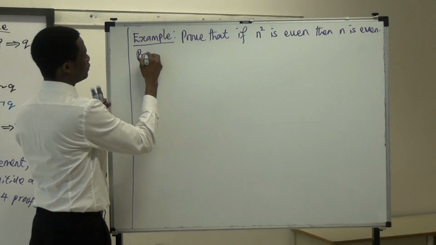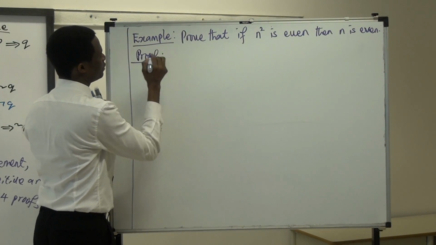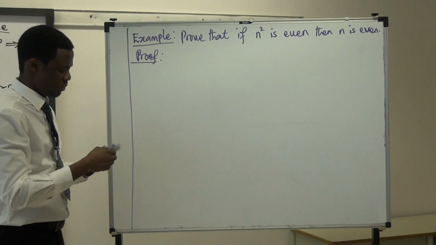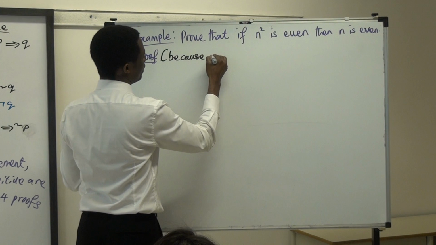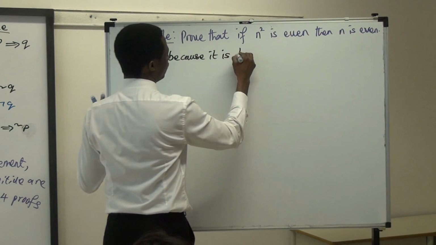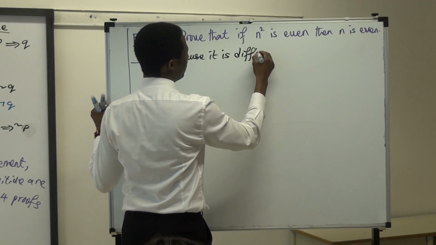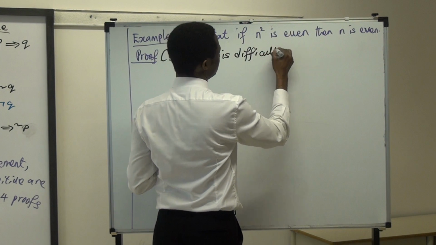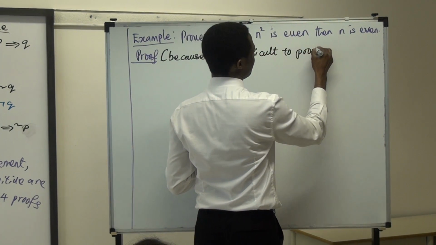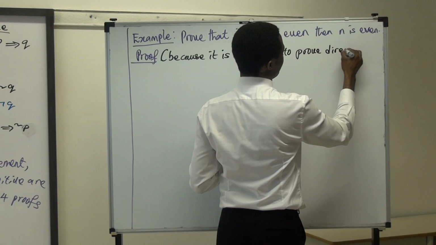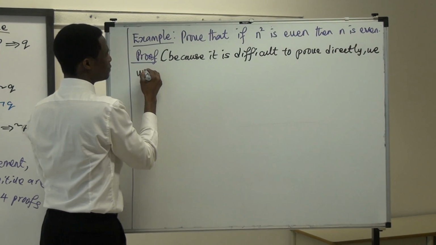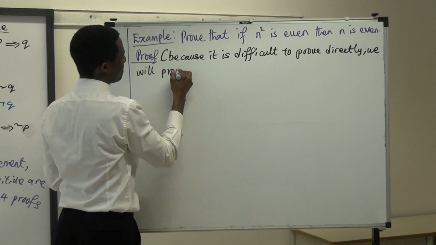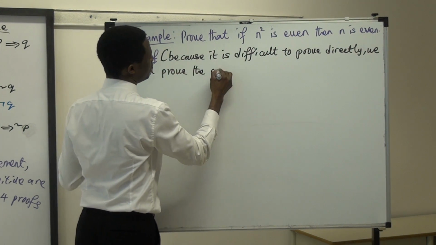So the proof is as follows. So I'm going to put a remark, just for you to remember why. To prove directly is difficult, so we will prove the contrapositive.